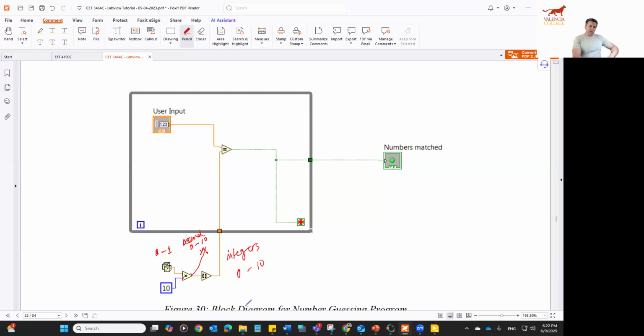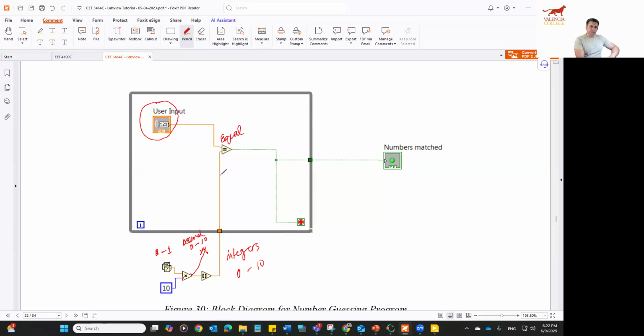So once the number is generated, I take that number in the while loop, and I have an equal comparison function. So this is the equal comparison function. And here is my user input. So inside the while loop, I'm asking the user to put in an input, and the user is putting his or her input.